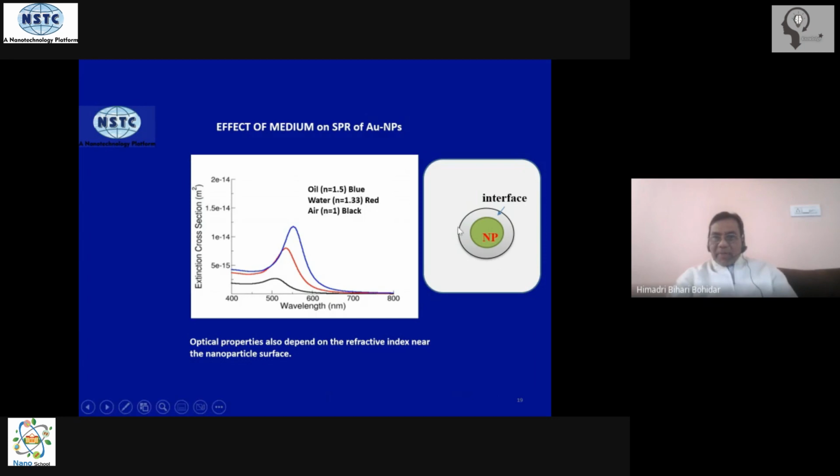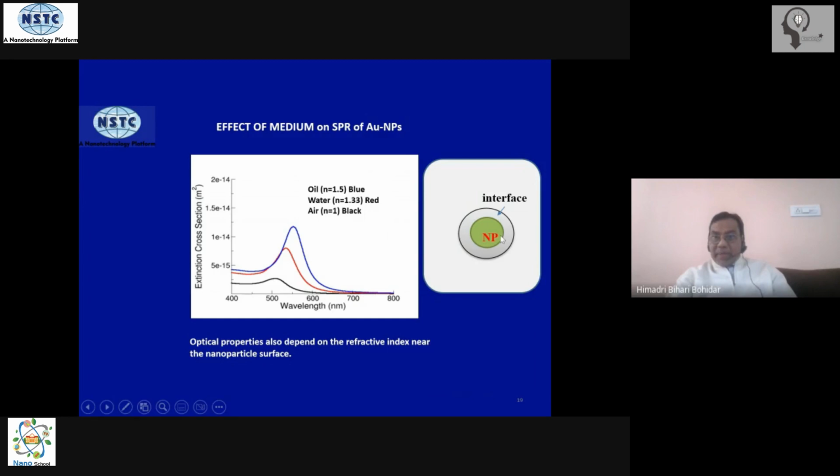If you have water, the interface is thinner. The particle will look smaller, and then you have a smaller shift from the original value, which was at 510. And when it is air, there is basically no interface there. It is actually the particle size, what you see. And there's the ideal particle size or ideal absorption maxima that you will see here at 500 nanometer.